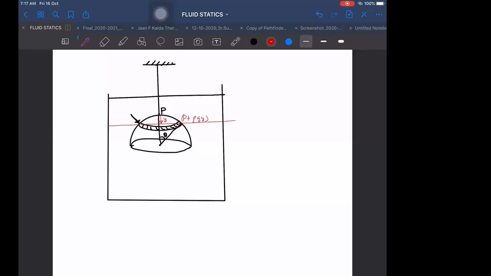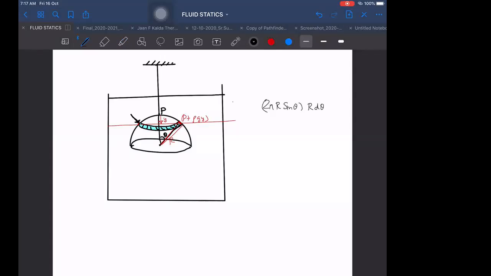Area we can find because we know radius is r. r into d theta will be the width of this ring element, and width multiplied by the length, which is 2 pi r sine theta, is the length into width r d theta, that is the area.